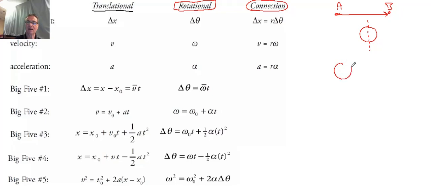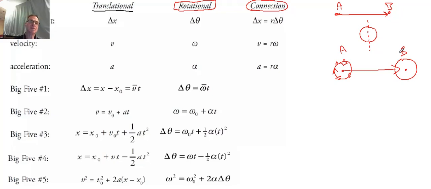For example, if I have a bicycle wheel and it's spinning about a center axis going through the wheel, say in a clockwise direction, my wheel is going to move in that direction as well. The center of my wheel will move in that direction. So as it's spinning, it's going to move from point A to point B. So you can have both translational and rotational movement at the same time.